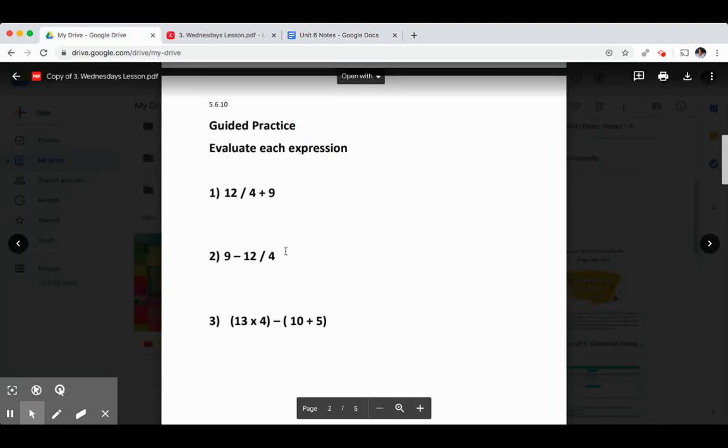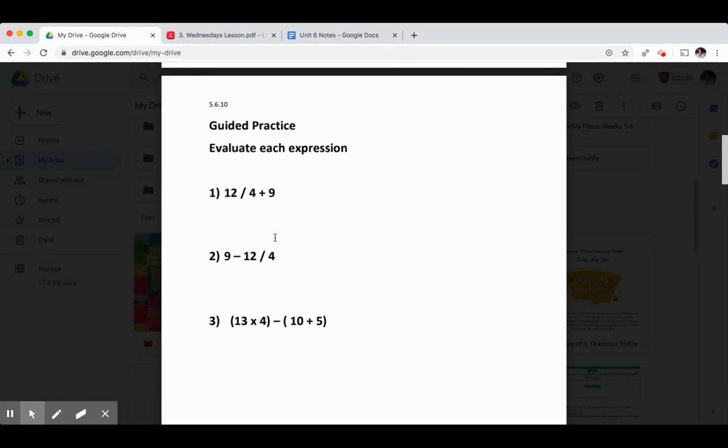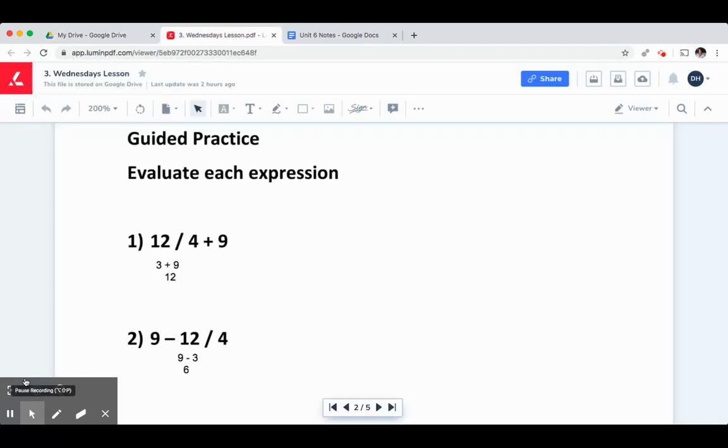Now we're going to do some guided practice. So go ahead and do numbers 1, 2, and 3, and then come back to the video when you're ready to discuss your work. Okay, so as we do these practice problems, I'm going to make sure that I'm marking them up so that I have reminders for myself of what to do. So in this first expression, I see that there's division and addition. Which operation is more powerful?